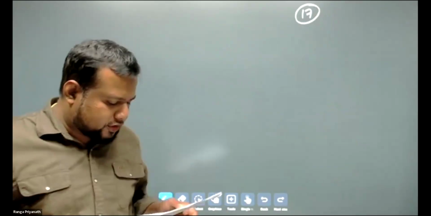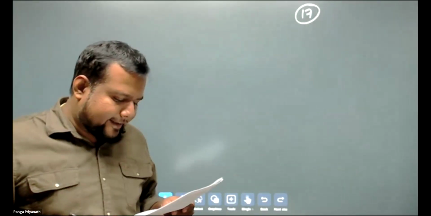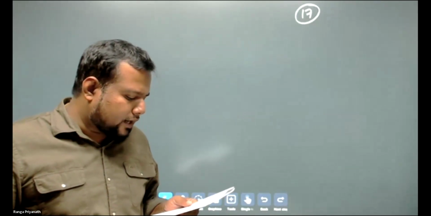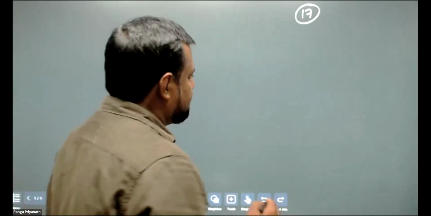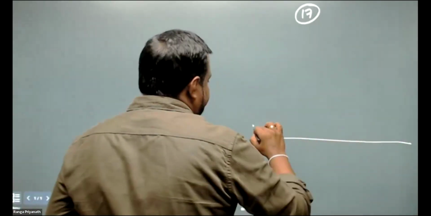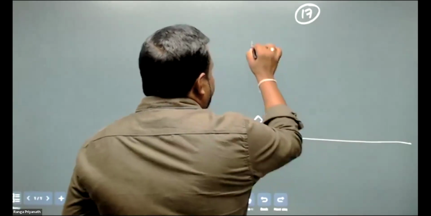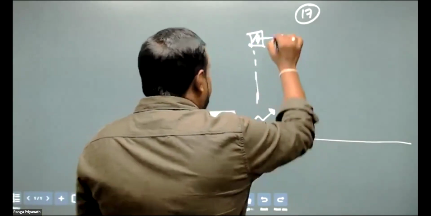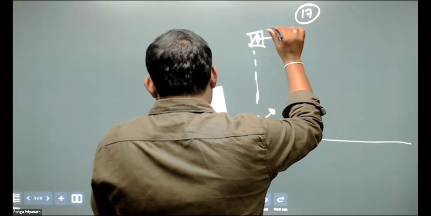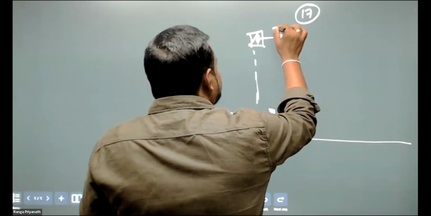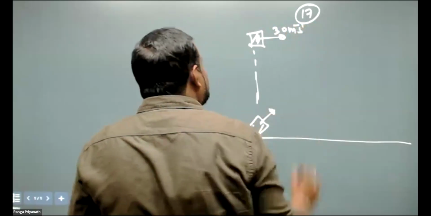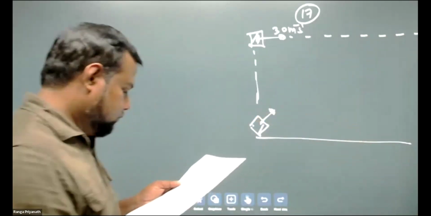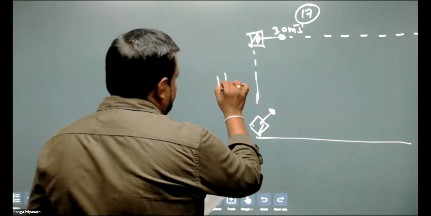A gun positioned on the ground fires a shot at an airplane flying horizontally with a velocity of 30 m/s, h meters above it. You have a gun and you fire it while the plane moves across above it with a certain velocity, 30 m/s. This is h.